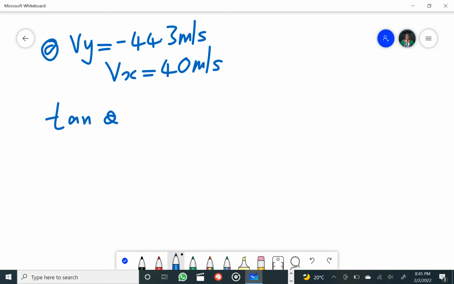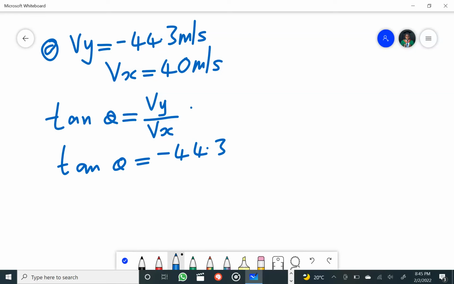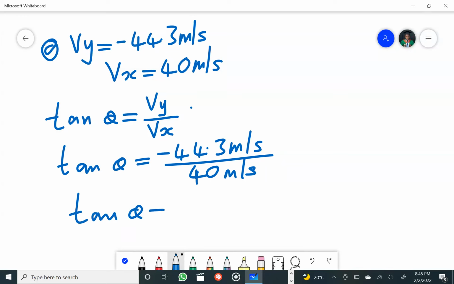We know it's tan theta, which is y over this. So tan theta is minus 44.3 meters per second over 40 meters per second. Okay, so this is going to be tan negative 1.11.